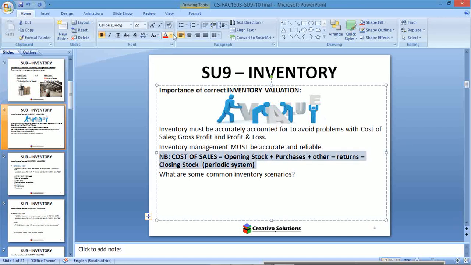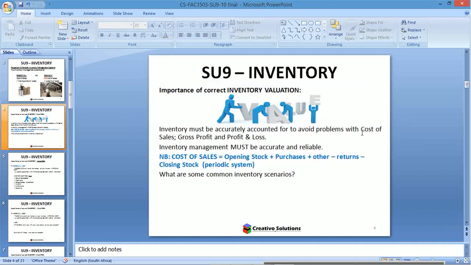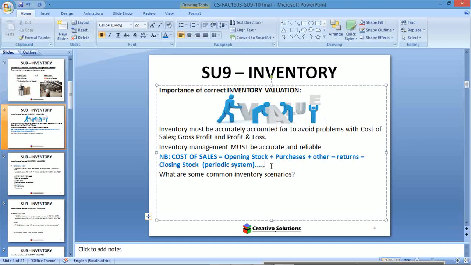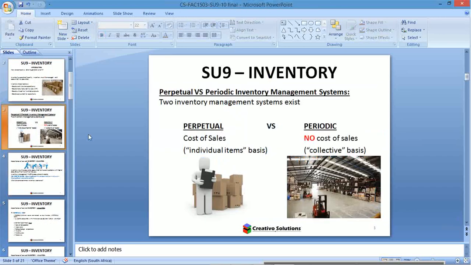Right, so this is what you would be using when dealing with the periodic system. You need to calculate cost of sales. Right, with periodic, let's write that down on this slide. Where's the other one? This one.